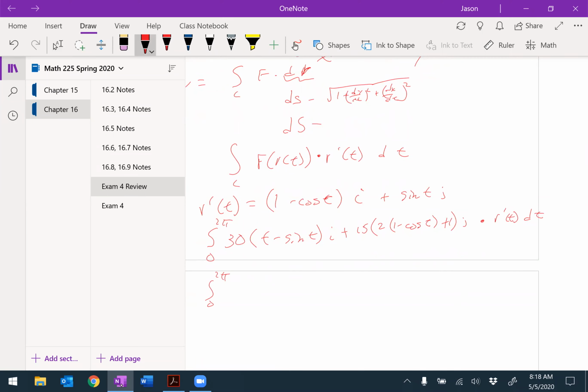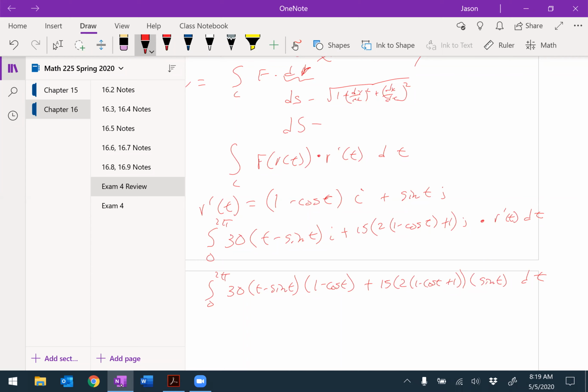So I'm going to dot product this: the integral from 0 to 2 pi of 30 times t minus sine t times 1 minus cosine t, plus 15 times 2 times 1 minus cosine t, plus 1 times sine t, dt. Let me clean this up. I'm actually going to factor some things.